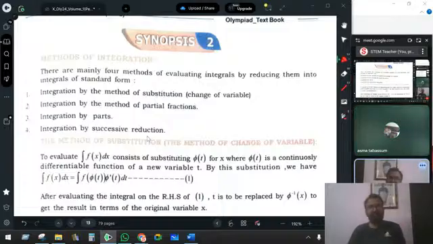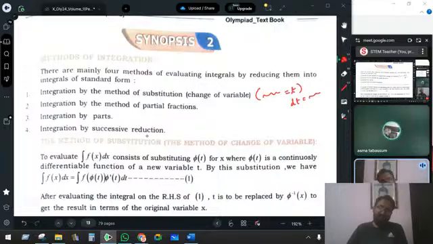In substitution, some term is considered as t, you evaluate dt, and substitute everything in the equation; it will be simplified to another form. Partial fractions means separating the denominator into numerators.